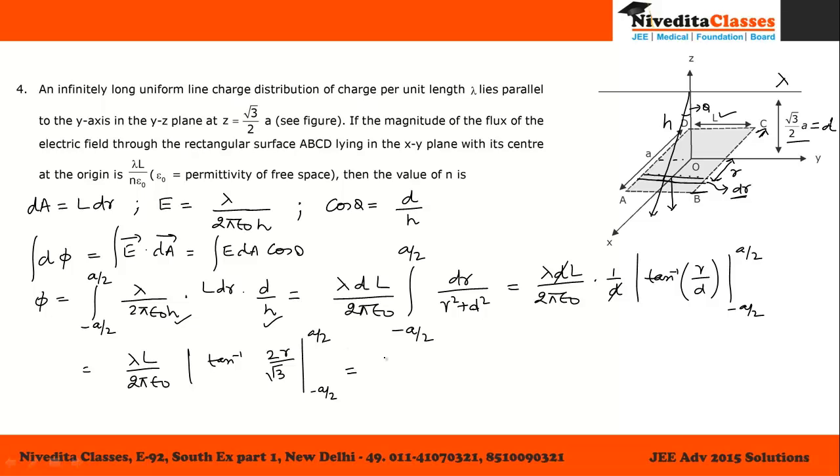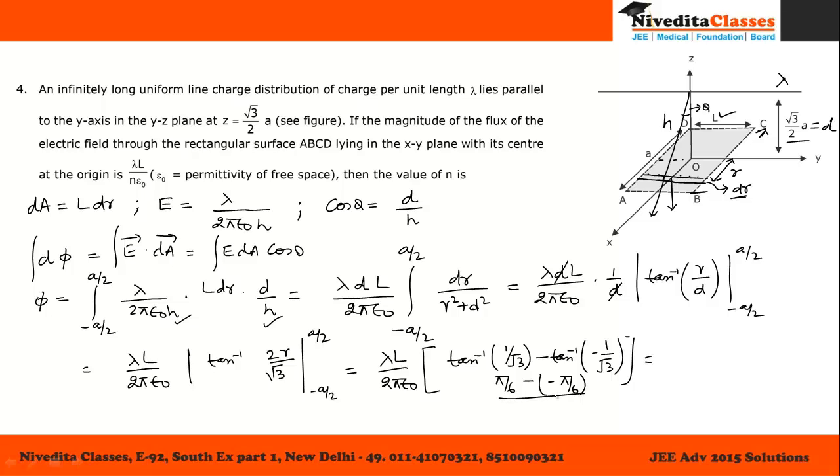So we have lambda L divided by 2 pi epsilon naught. Now putting in the limits, we have tan inverse of 1 by root 3 minus tan inverse of minus 1 by root 3. The value of tan inverse of 1 by root 3 is pi by 6, so we have pi by 6 plus pi by 6, and this total term comes to pi by 3.